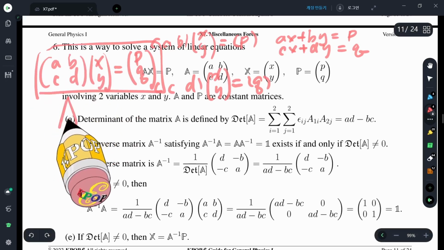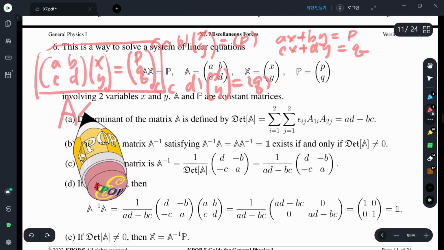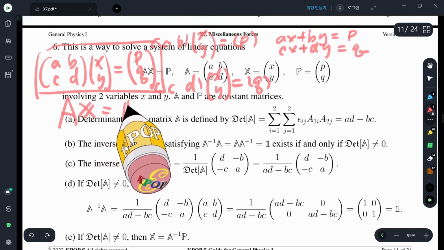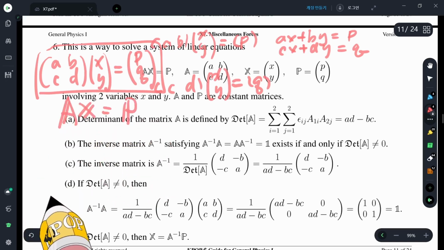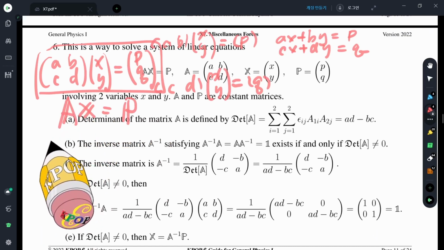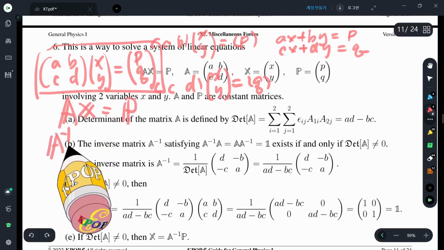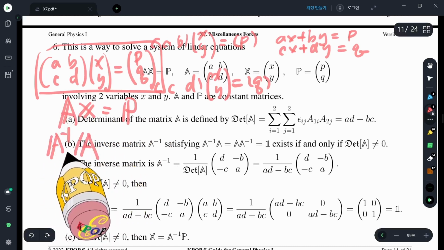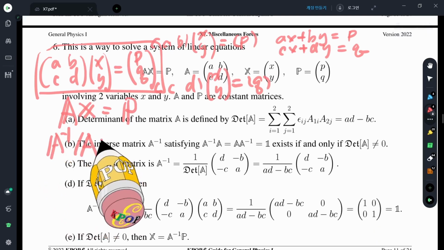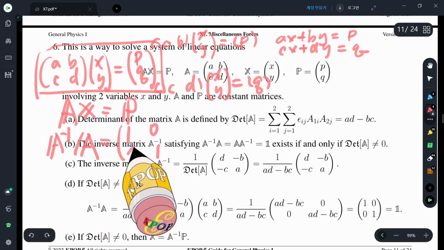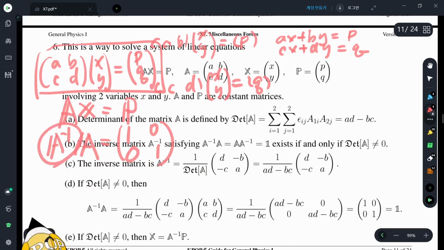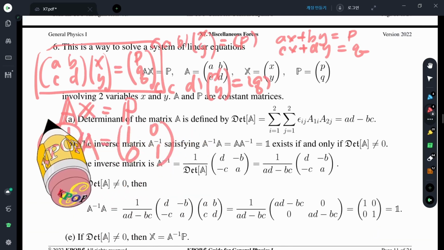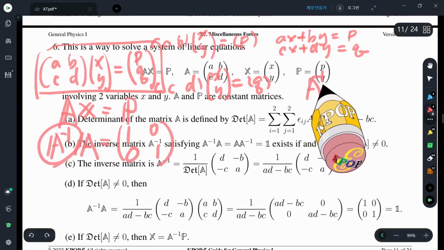We say this is a matrix A, and this is X, and we have the P vector. If we know the inverse of this, that means A inverse times A is the identity matrix. If we can find the inverse, then we can multiply both sides with the inverse.